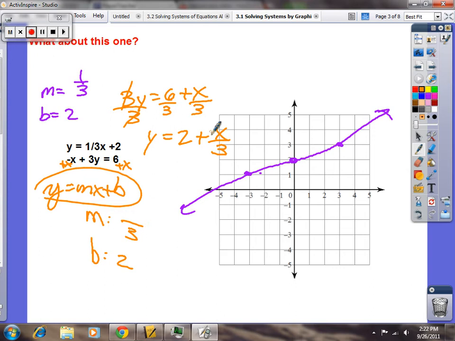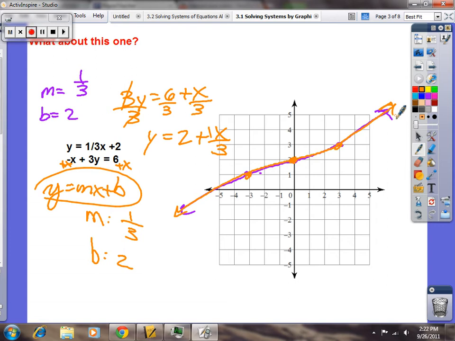So what's on top? Just an invisible 1. So M is 1/3. B is 2. That's the exact same line that we just barely did. You start at 2, you go up 1 over 3, down 1 over 3. So this line lands exactly on top of this line.